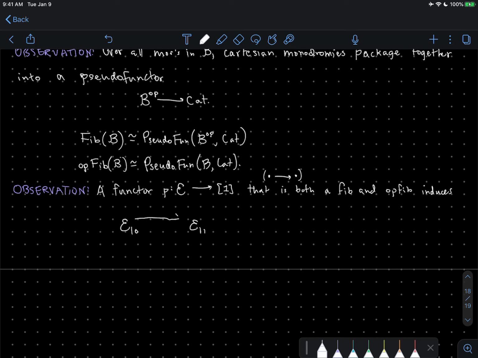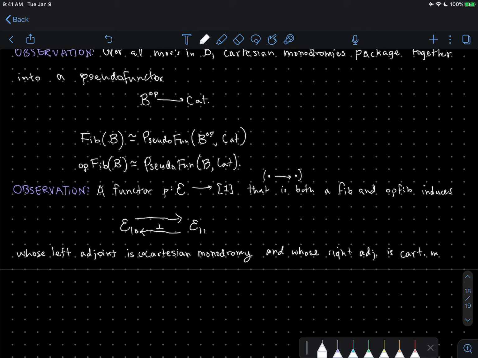That arrow should go the other direction. Left adjoint there, right adjoint there. Whose left adjoint is co-Cartesian monodromy, and whose right adjoint is Cartesian monodromy.